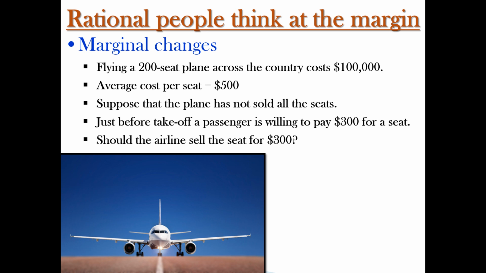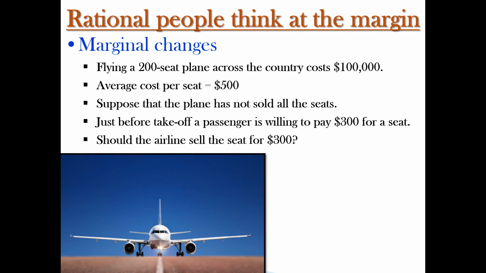Again, thinking about this from a marginal standpoint is different from thinking about it from an average standpoint. If I'm just looking at average cost, of course I would say no, $300 is less than $500. But think about this: the flight is already taking off. So what is the extra cost for a flight that's already going to happen? What is the extra cost to the airline of bringing on another passenger?